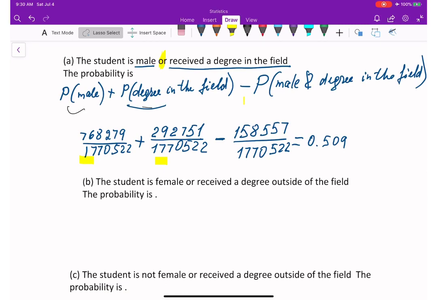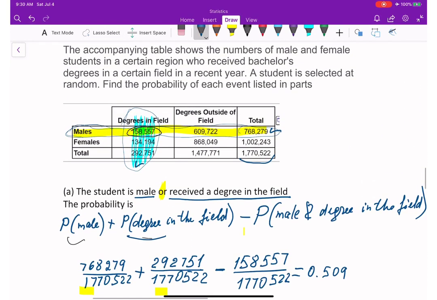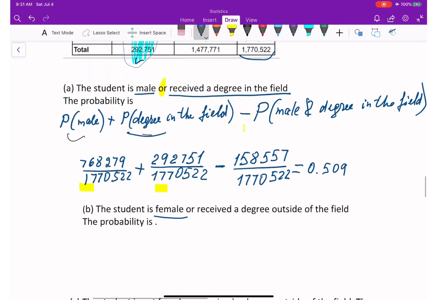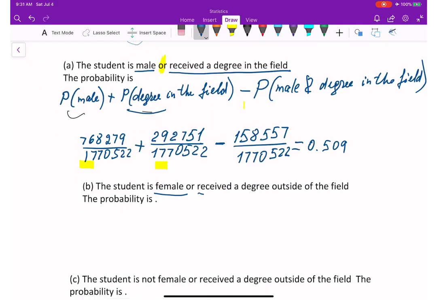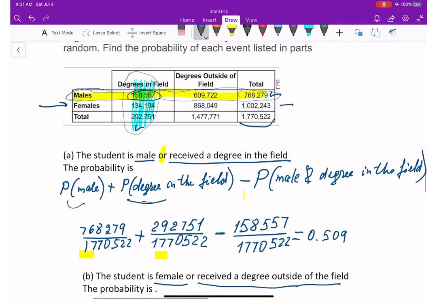So next one, B. The student is female or received degree outside of field, which is going to be the same thing here, right? Because when we are talking about female, the total females is gonna go in the row, and receive degree outside of the field, it's gonna go as a column.